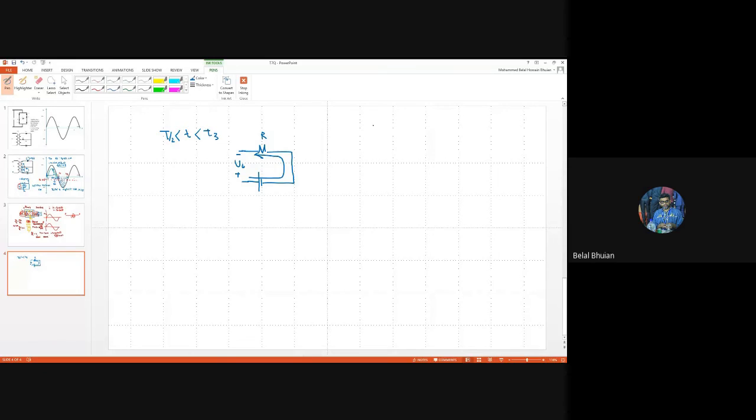One thing you must remember: if this is the real polarity, plus and minus, the real current, always real current, not the assumed current, always flows from the positive to the negative terminal through the external part of the circuit.